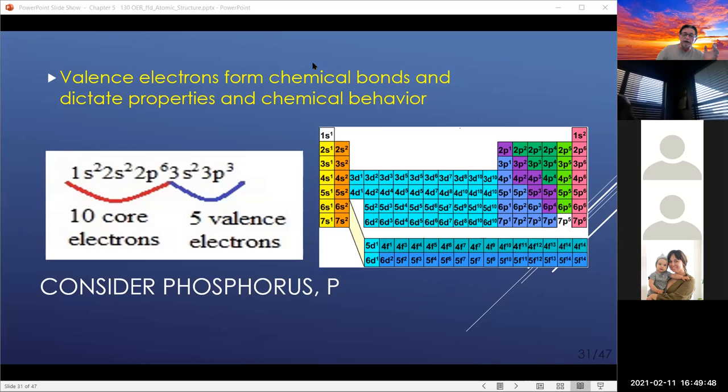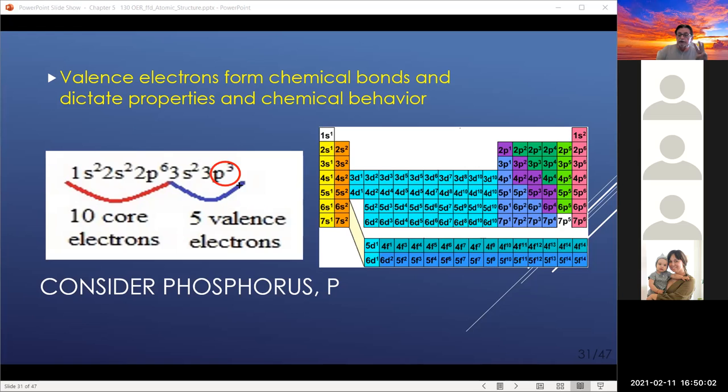If you look at the valence shell, it's 3p3. Remember, we can put a maximum of 6 in the p orbital, so it has room for 3 electrons. So when phosphorus picks up 3 electrons, it becomes P with a superscript 3 minus, a 3 minus charge.